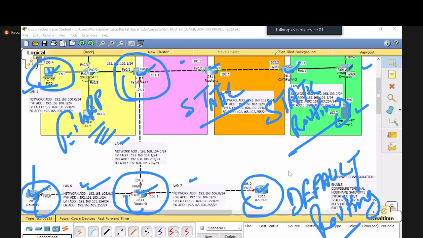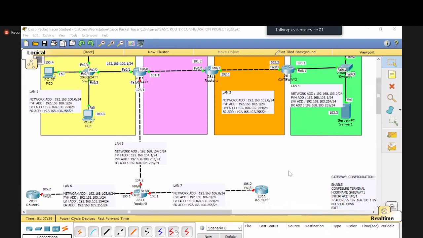So, who will be performing this project today? Who will be doing it? Sanket is there. Nandini.